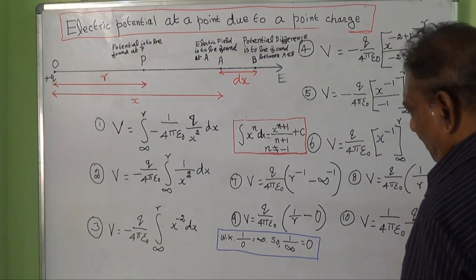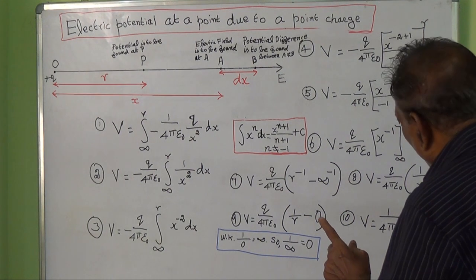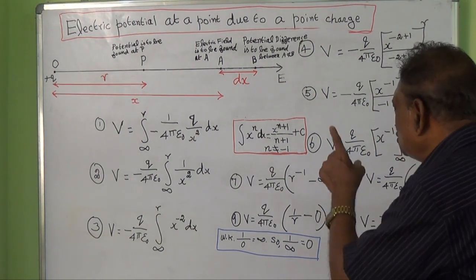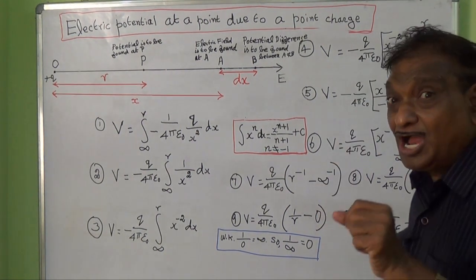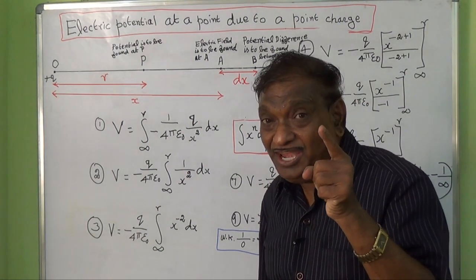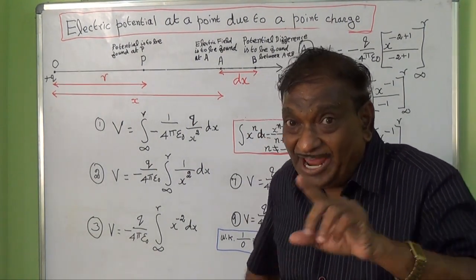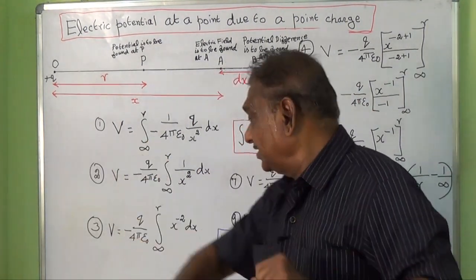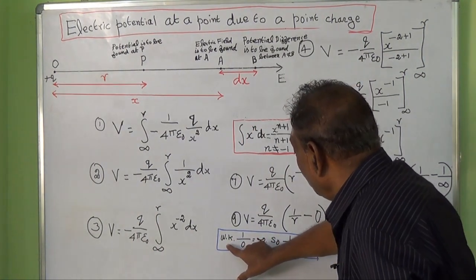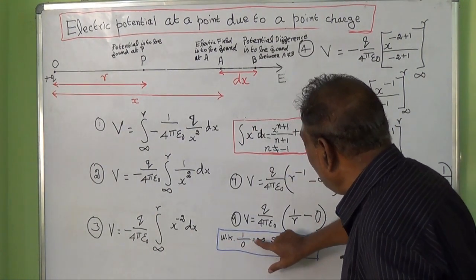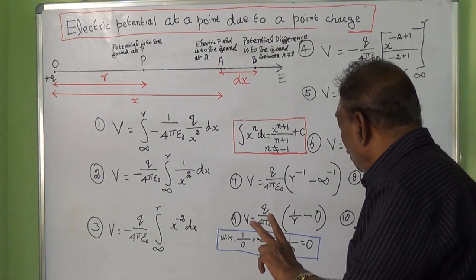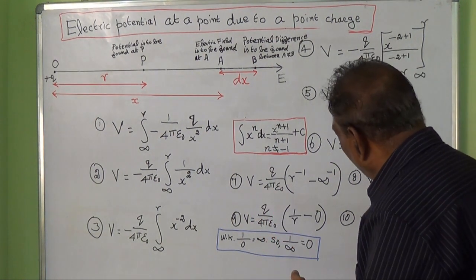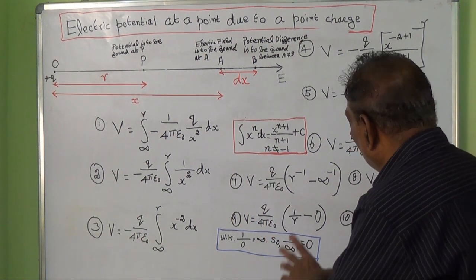We know that 1 by infinity is equal to 0. We also know that any data divided by 0 is infinity. So 1 by infinity is equal to 0.